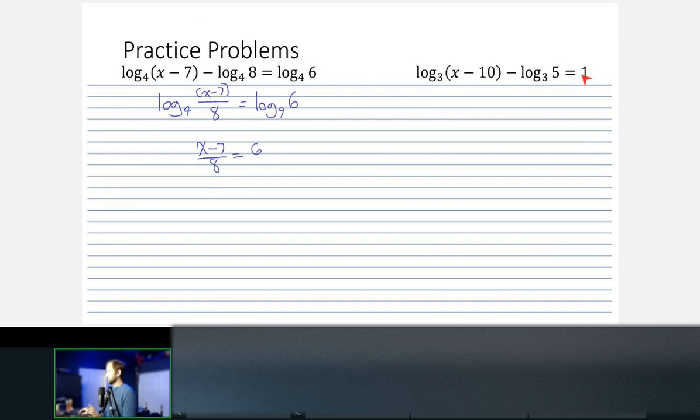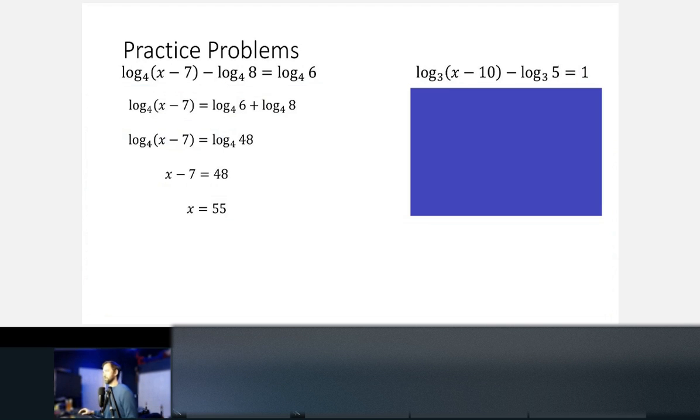But we can rewrite this as log base 3 of 3. So on the right, that 1 I can rewrite as log base 3 of 3. Isn't that the same thing as 1, just written differently? Yeah, you guys are so smart.